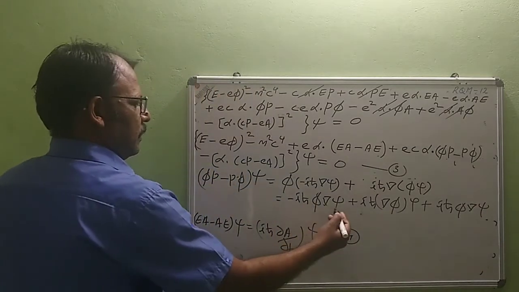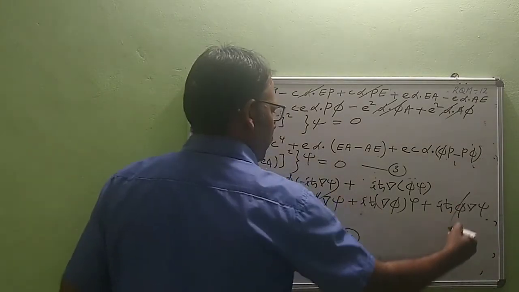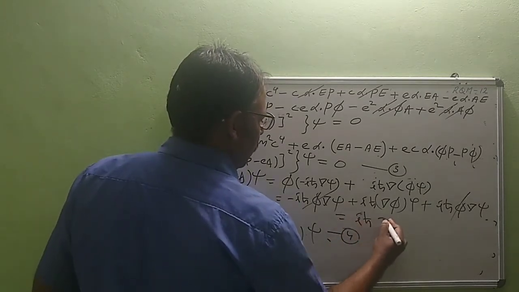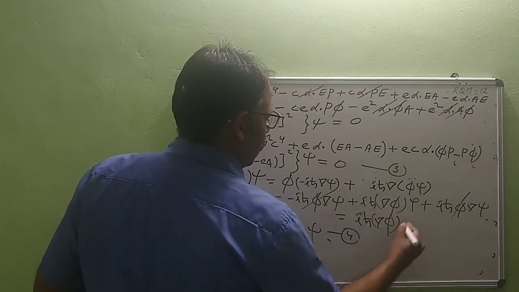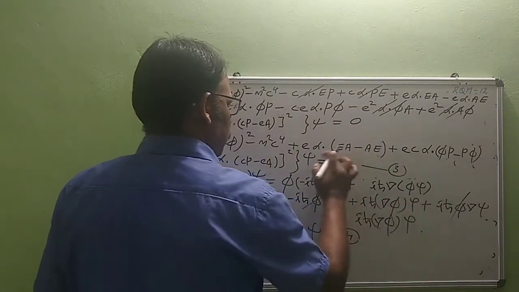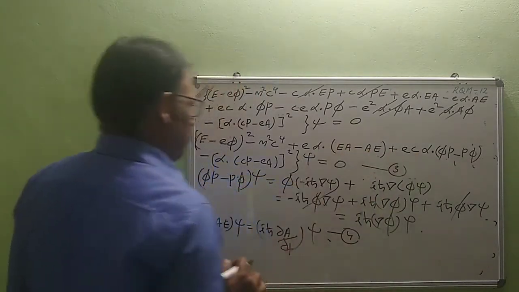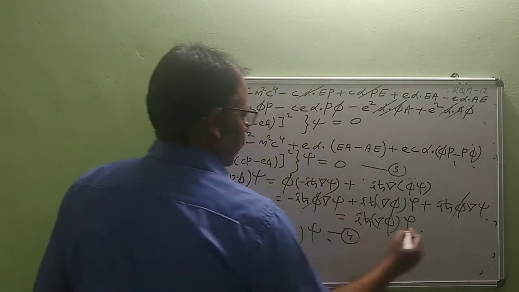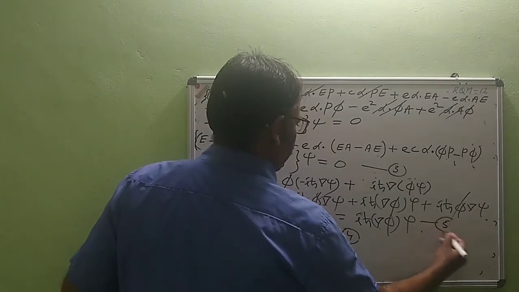So this is minus IH bar phi del psi and this is plus IH bar phi del psi. So it will be IH bar del phi into psi. Taking these two terms, we can write it as the third and fourth term. This one I am writing as equation number 5.